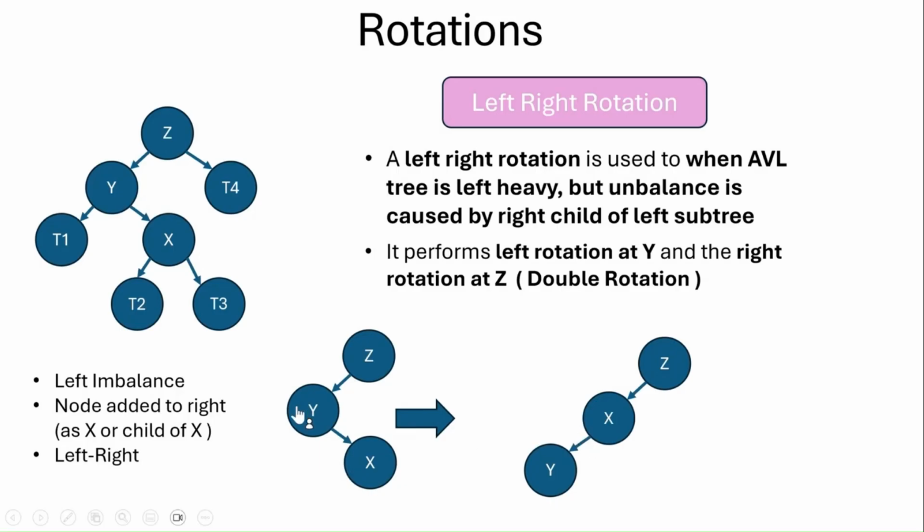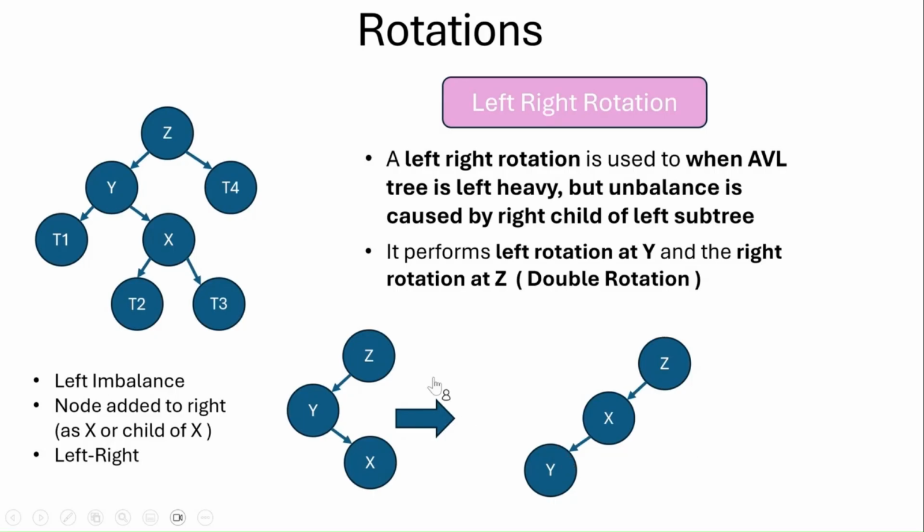If X becomes root here and Y becomes the left child of X, yes, it can be done. See, X is greater than Y. So if X becomes root, Y can be the left child of X because Y is less than X, right? So this is correct. And you can see it became left unbalanced, right? So we can easily apply right rotation later.